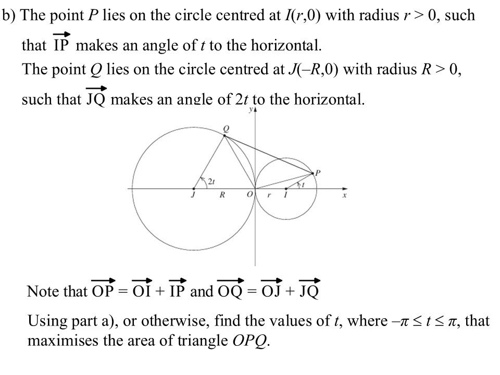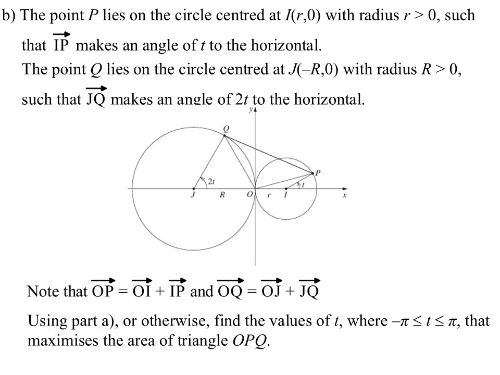So P's on the right hand circle, centre little r0, and Q is on the left hand circle with centre negative big R0. And what else have we been told? The angle in the first circle is T, and the second circle 2T.